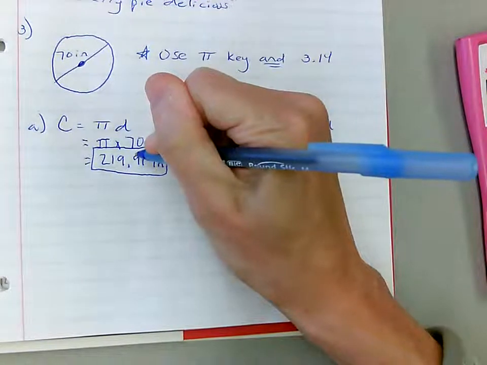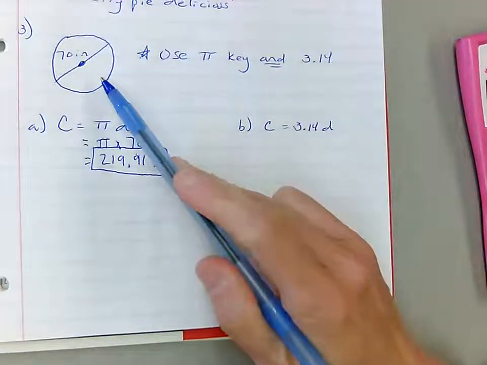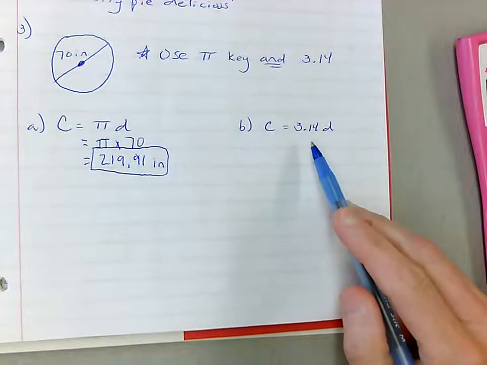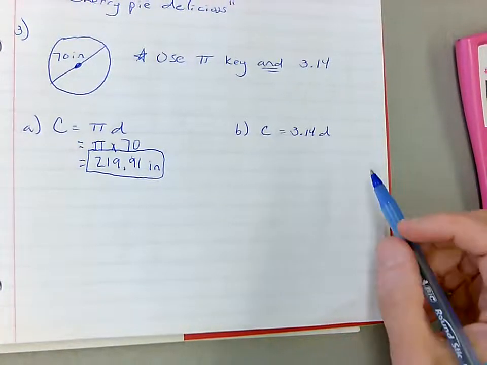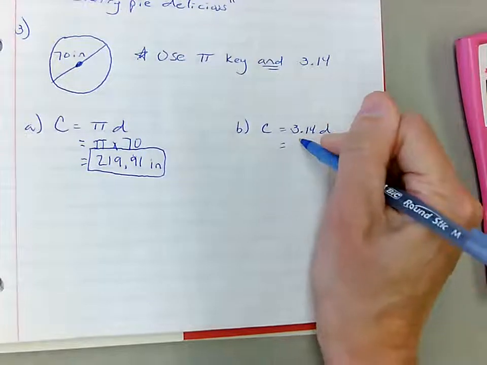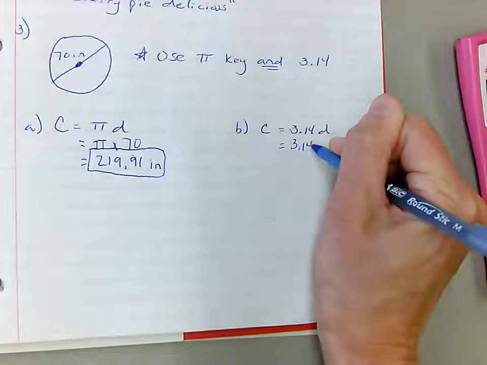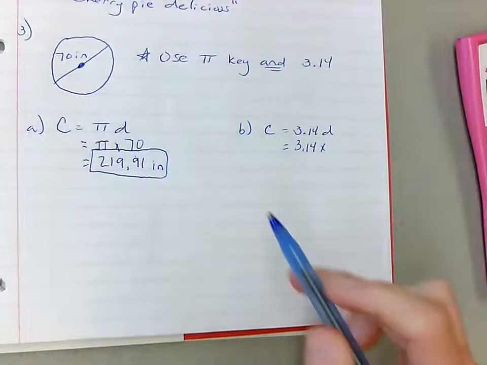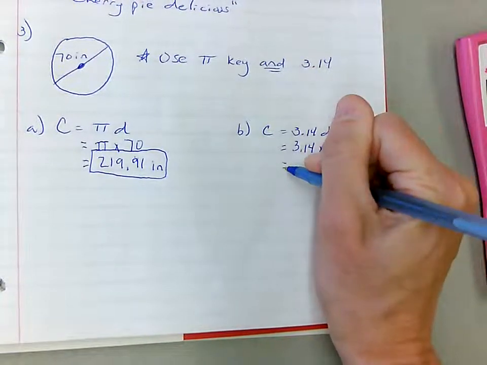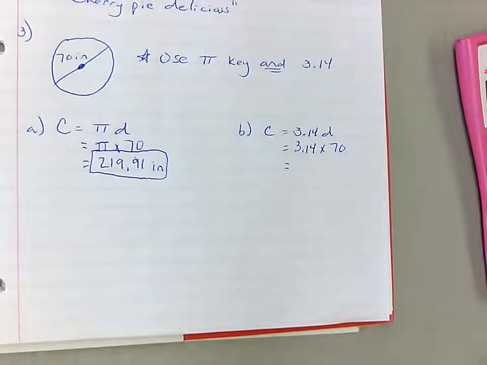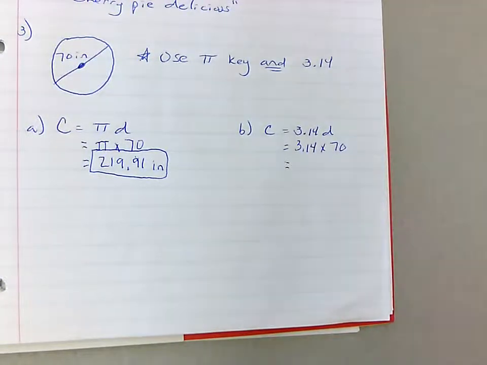Now let's use this same circle and the same diameter, but instead we're going to round and use 3.14. So that means I'm going to take the rounded version of pi, 3.14, times the 70 in the diameter. And what we're going to notice is not really how different, but how there's a small change in what your decimal looks like.